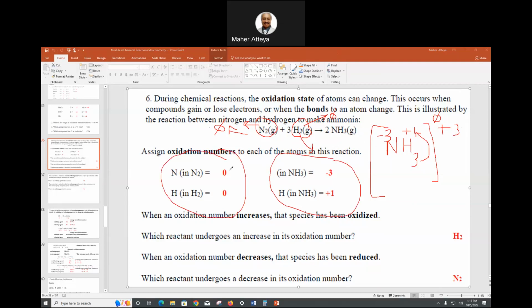Now you tell me, if you go from 0 to -3, what do you call that? An oxidation or reduction? Reduction means decrease. What will it be?